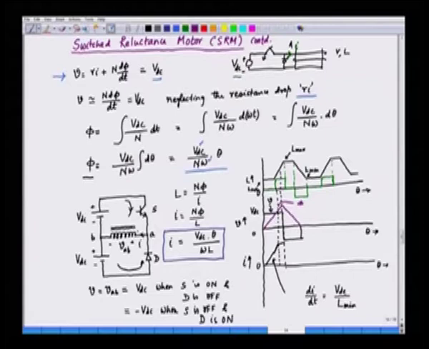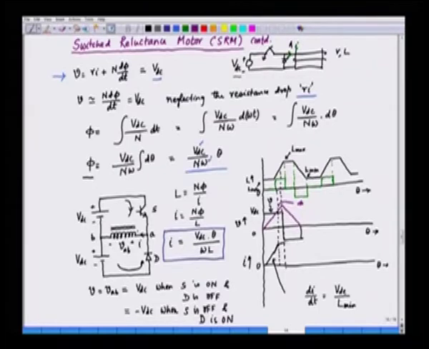because flux is proportional to VDC. So if VDC is positive, the flux will increase in a positive direction. If VDC is negative, flux will reduce and it will become 0 after some time. And then the current will be reduced because we have applied a negative voltage.